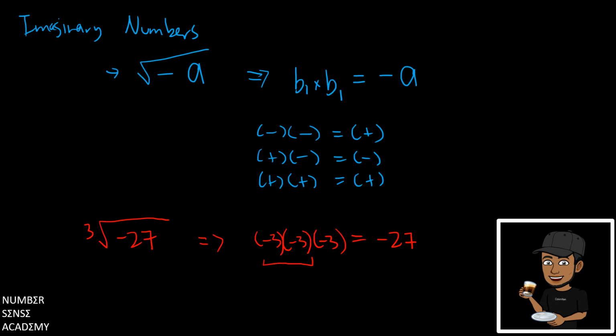These two give me 9, then times negative 3, I end up with negative 27. All right. So you could probably pick up from there that if you want to find an even numbered root of a negative number, that is automatically imaginary. So that won't work. That'll never work.